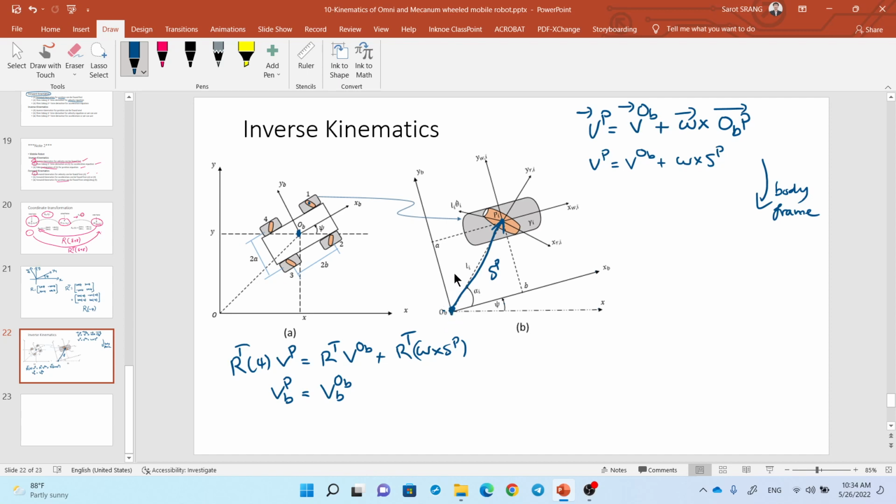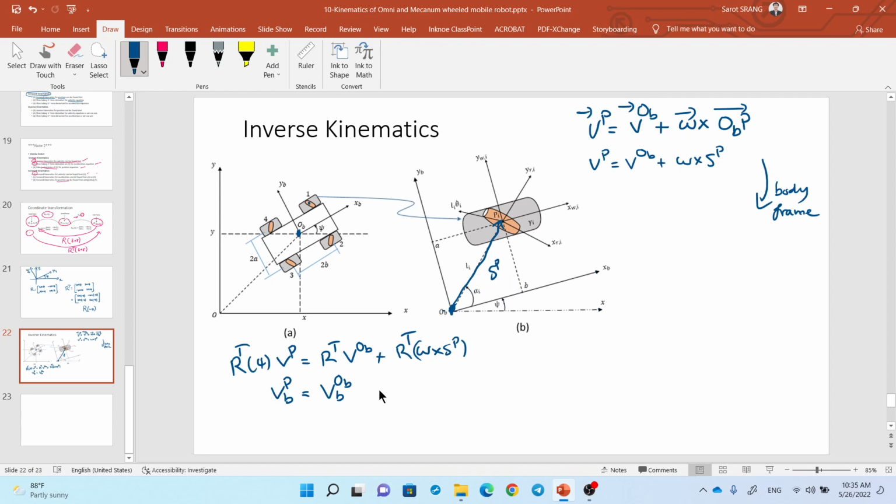Actually, no. The position of OB with respect to frame XB, YB is zero. That's true. But velocity, because any point has velocity, and velocity can be in any direction. It has components, and these components can be measured on the global axis or on the body frame, right? Always. So not zero.